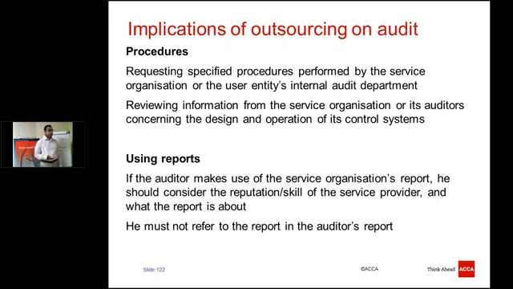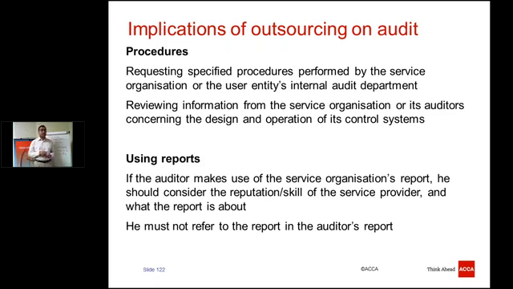So in the type 1 report, the auditor of the service organization is basically commenting on whether the controls have been suitably designed and implemented. In a type 2 report, the auditor of the service organization is commenting on whether the controls and the system in relation to processing of payroll for my employees are not just suitably designed and implemented, but also operating effectively.